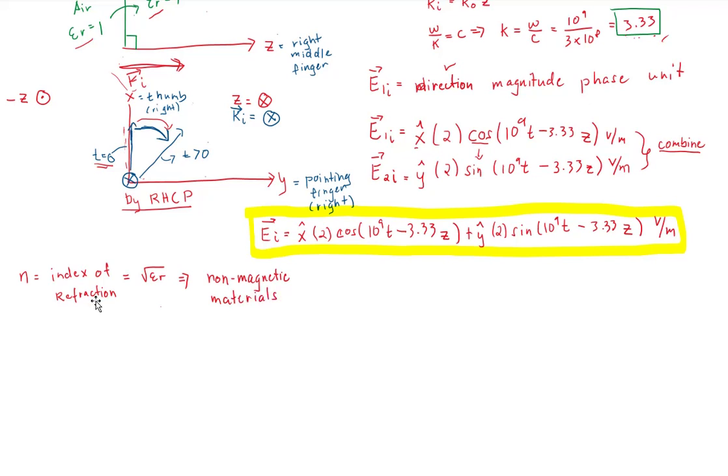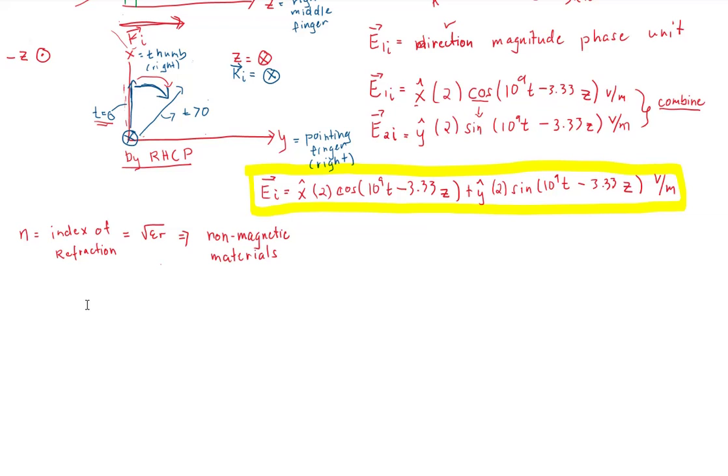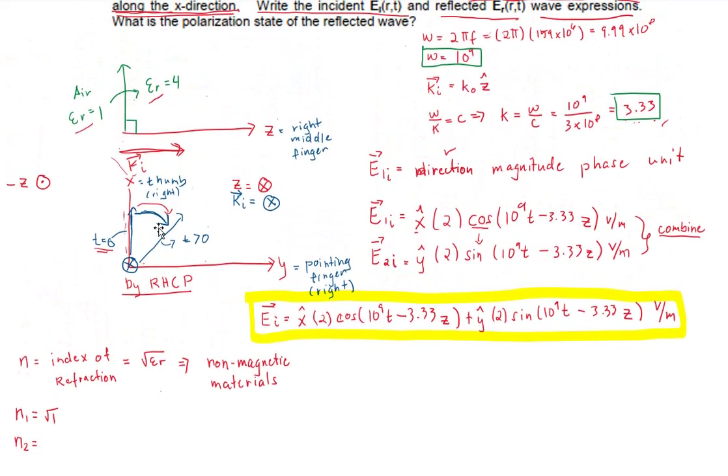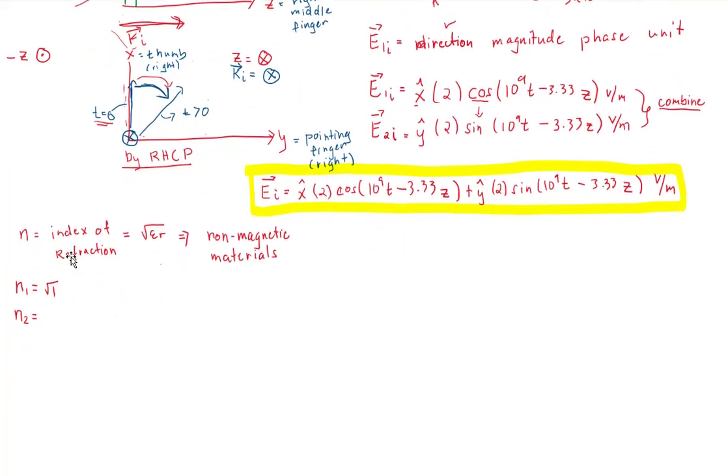Alright. So now that we know n, we could use n1 equals root of epsilon r for air, which is just 1, and n2 we could use as root of epsilon r of the second medium, epsilon r of 4, so that's just going to be root 4.